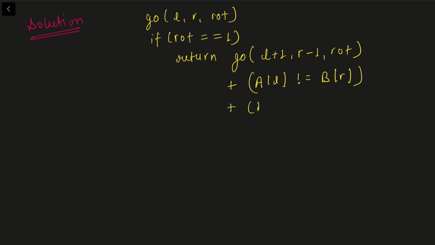Similarly, we'll compare the last character of our first string with the first character of the string B, right? So that's how we are going to solve it if we have already rotated the string.